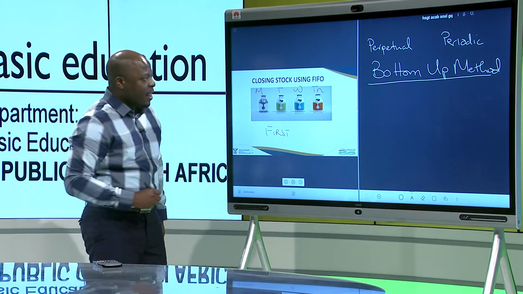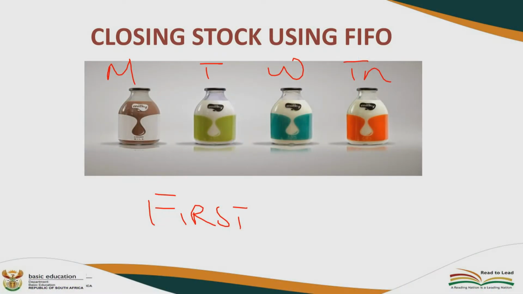Very correct. They will buy this first bottle. This is what we're going to sell them first when they come to our retail outlet. In other words, we will only sell this bottle, the green one, after we've sold the brown one first. First in, first out. We will sell what we bought on Monday first before we can sell what we purchased on Tuesday.